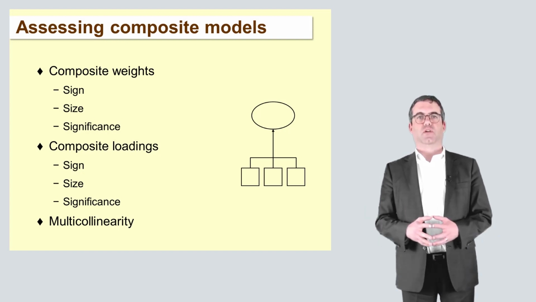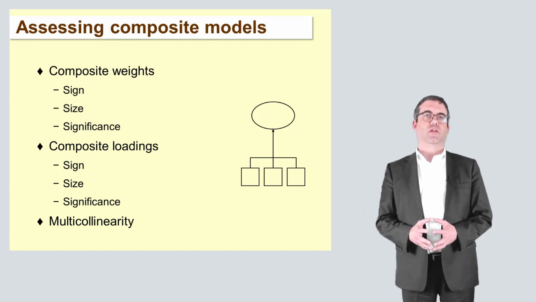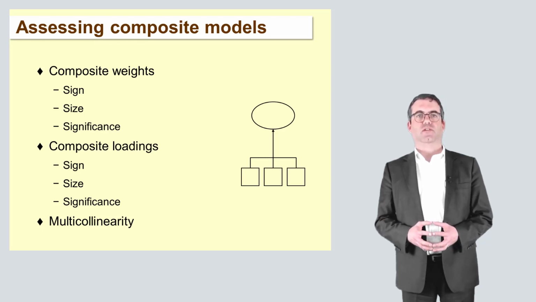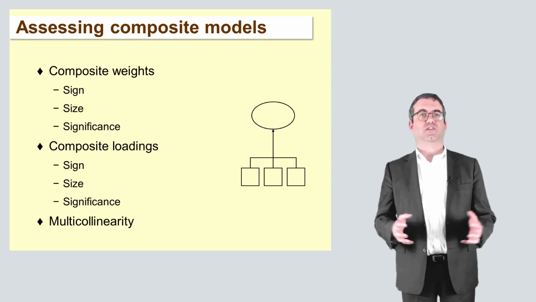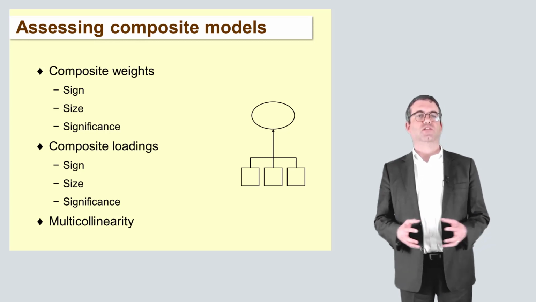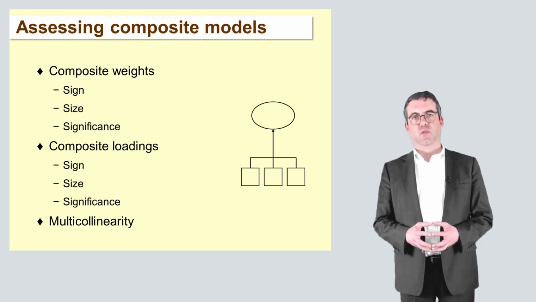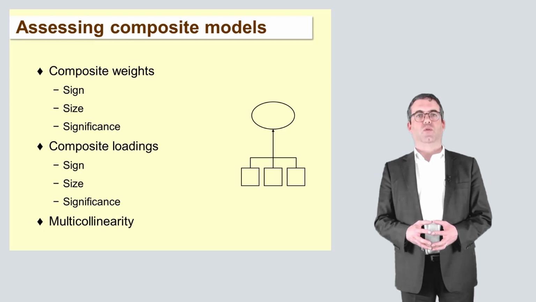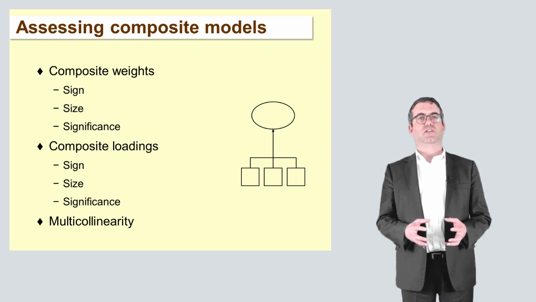Assessing composite models is mainly performed along the model parameters. One would start looking at the composite weights. What is their sign? What is their size? What is their significance? Then one could look at the composite loadings. What is their sign? What is their size? And what is their significance?